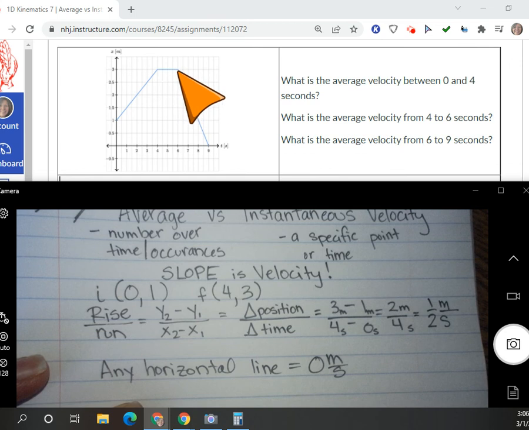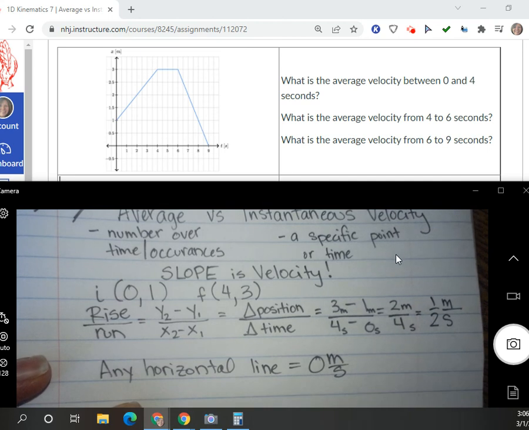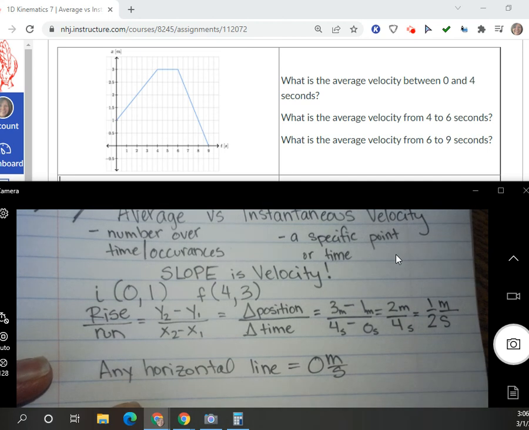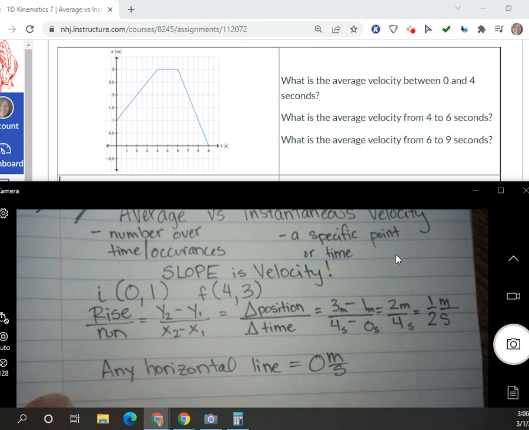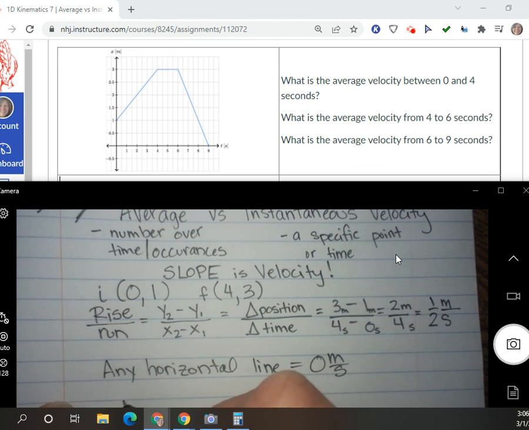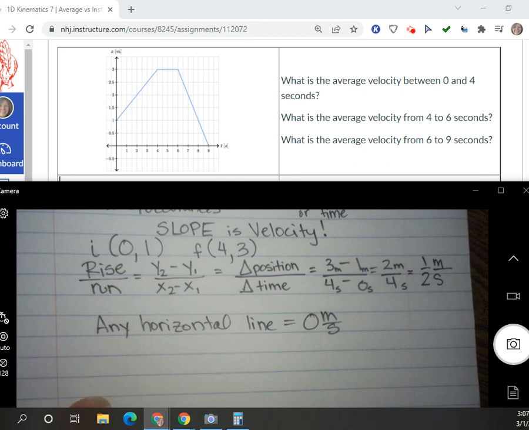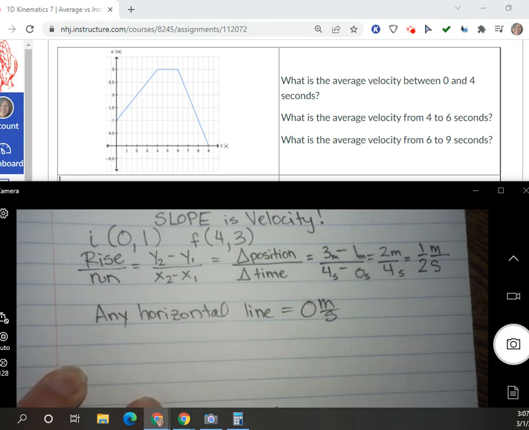Now, we could go ahead and do the math for that, as we probably should. What is the average velocity from 4 to 6 seconds? Let's go ahead and prove our 0 meters per second statement here.